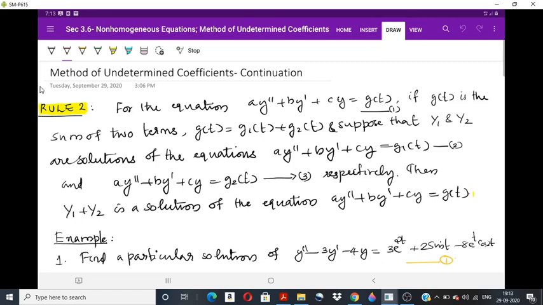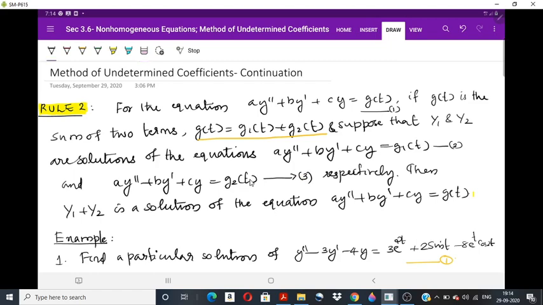That means if the second order equation is written in the standard form and the function on the right side, g of t, is a sum of two or more functions, in particular g of t equals g1 of t plus g2 of t, and we suppose that y1 and y2 are solutions for each of the equations, one with g1 of t as the right side and another with g2 of t, that is, they are the particular solutions of equation number 2 and 3 respectively.